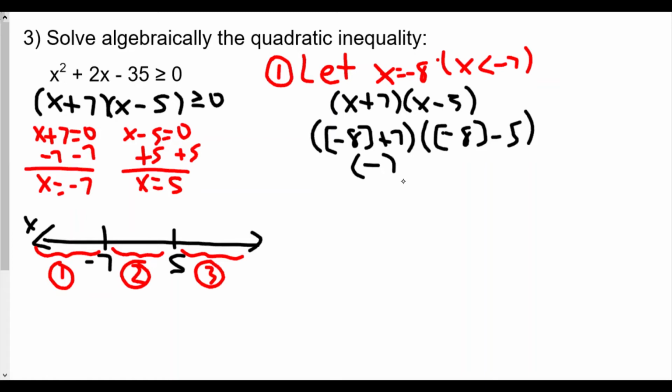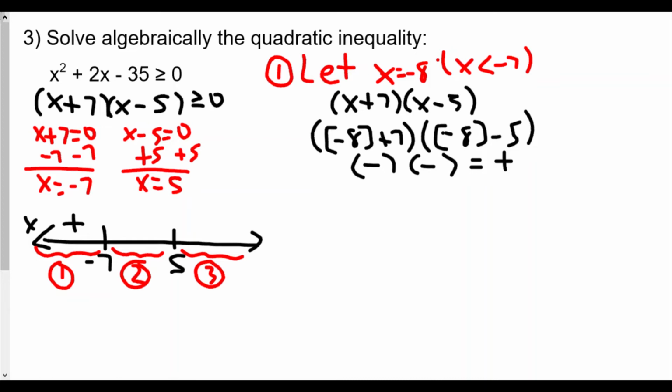And -8 minus 5 is -13, so it's negative. When we multiply a negative number times a negative number, we get a positive result. That means for any value of x less than -7, it will give us a positive result for our expression x squared plus 2x minus 35.